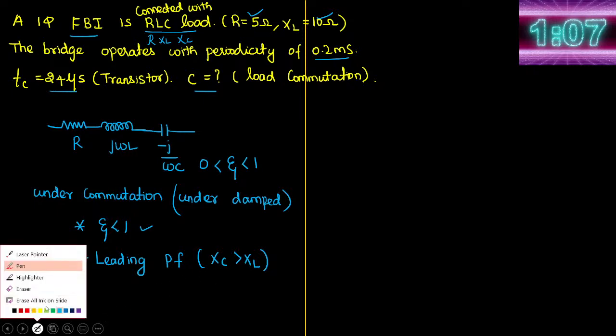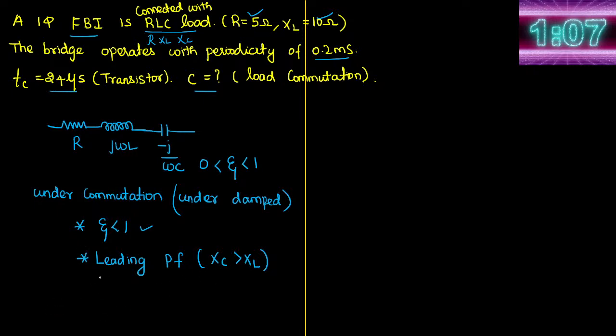Now how will you calculate the value of theta, the impedance phase angle? See, impedance can be written as R plus j times (XL minus XC), where XL is replaced by omega L and XC by 1 by omega C. From this, theta is tan inverse of imaginary by real.